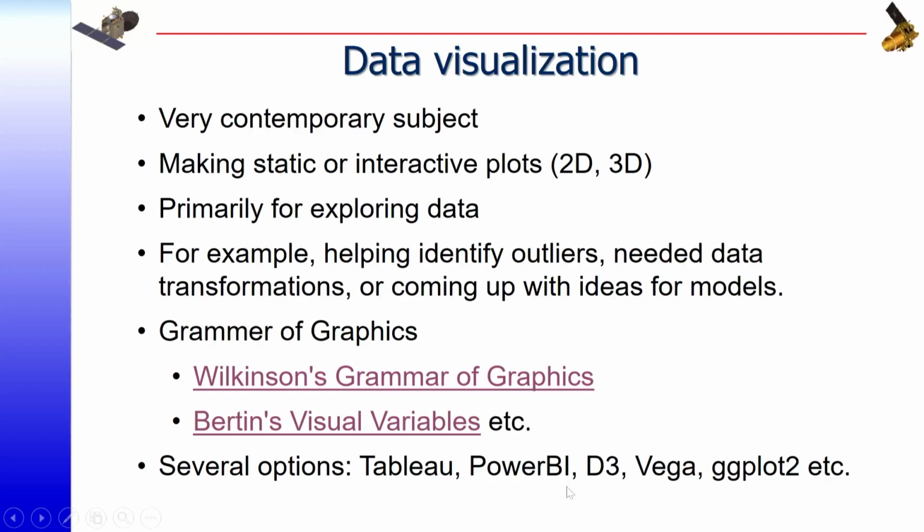Then, in the open source domain, ggplot2 has been very popular for a very long time. Then, in the web domain, if you want to visualize data on the web, D3 and its versions in different programming languages like JavaScript and Python are also very popular.